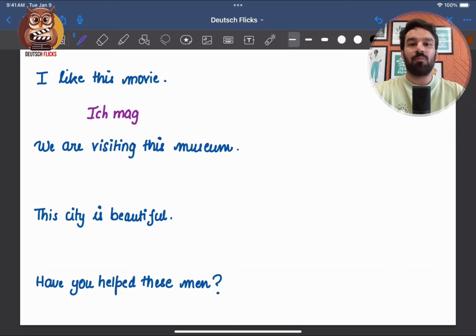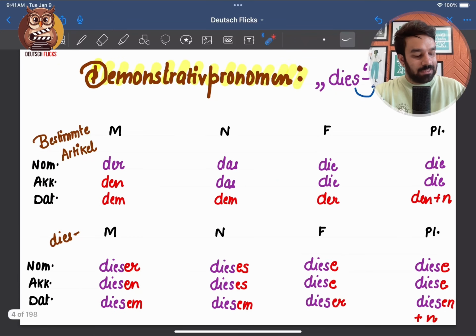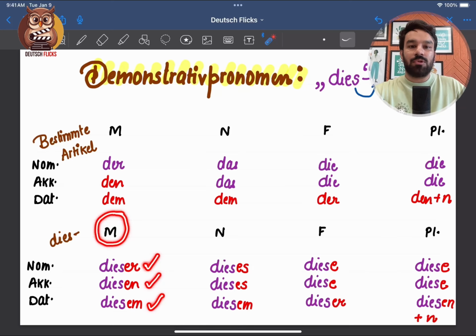Now for this movie, I'm going to use diese, which will take some ending, and movie is called Film. You can check in the dictionary, Film is masculine. Its article is der. So one thing is for sure, that we will either go with dieser, diesen or diesem because movie is masculine, right? So we have eliminated these options.